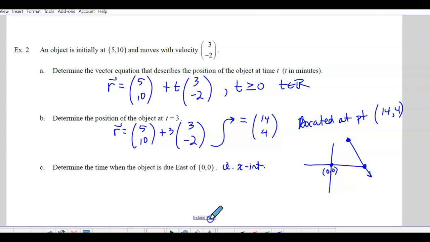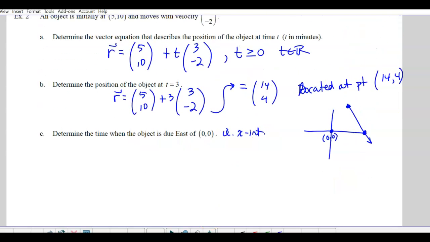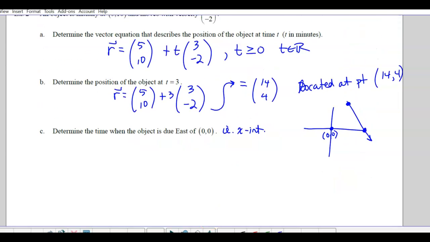Don't convert it back into Cartesian form and slope-intercept form. Think about it. If I write out my parametric equations, then the x-intercept is when y is 0. So I'm going to substitute 0 into my y component.